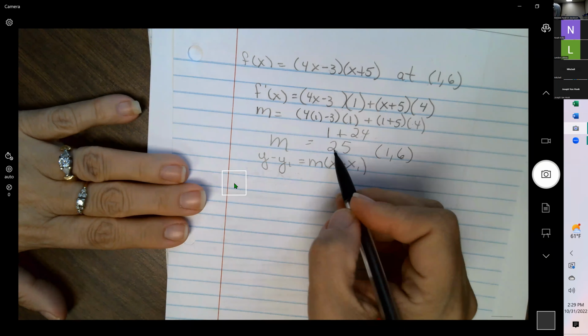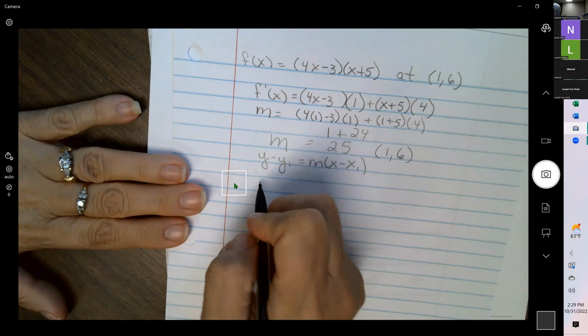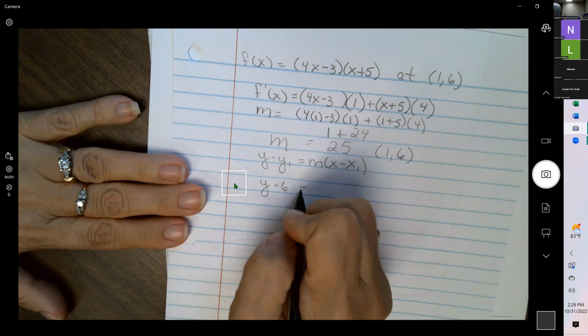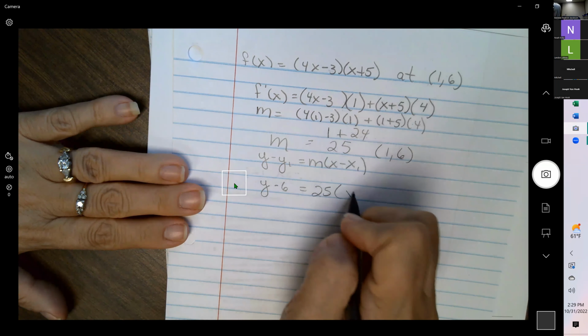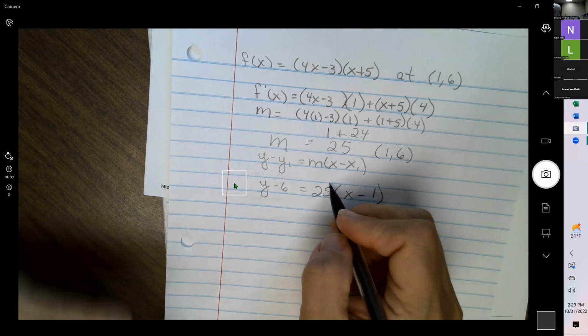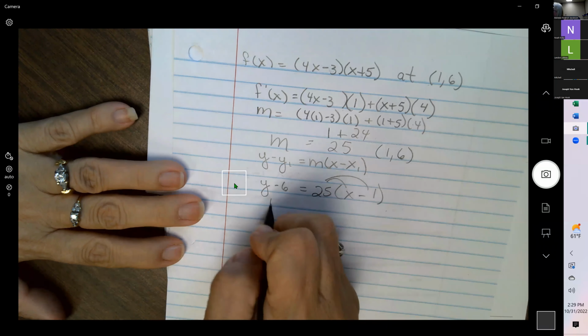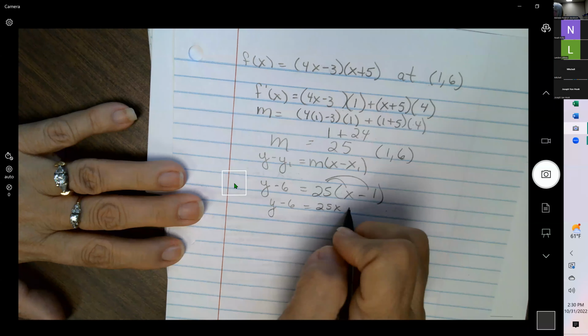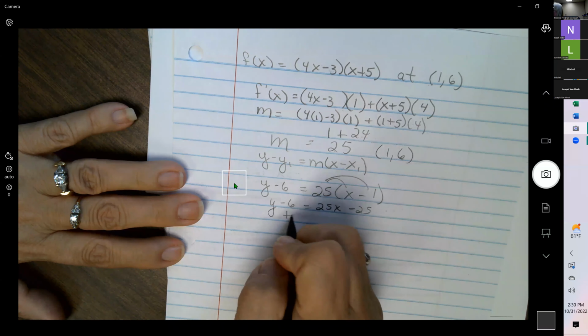And then we just plug in our slope and our point. Y minus 6 equals 25 times x minus 1. Distribute the 25. And add the 6.